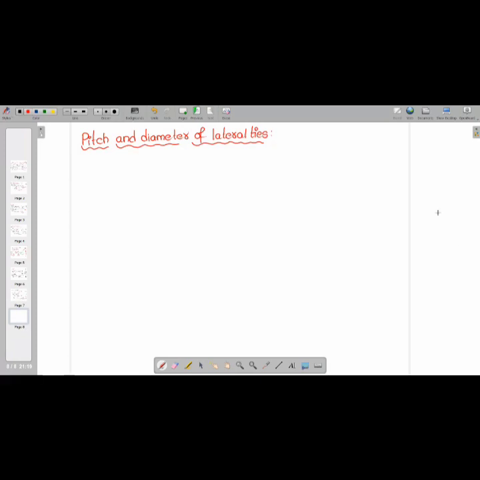See, students, whatever the spacing in the direction of force, this is known as pitch. Suppose you have a bar here; perpendicular to the direction of force, this is known as gauge. So pitch and gauge depend upon the direction of the force.